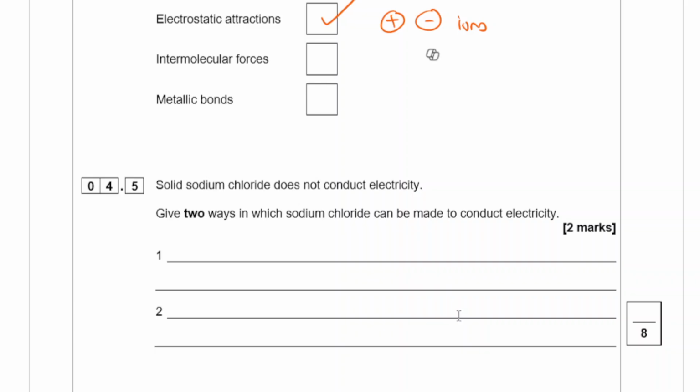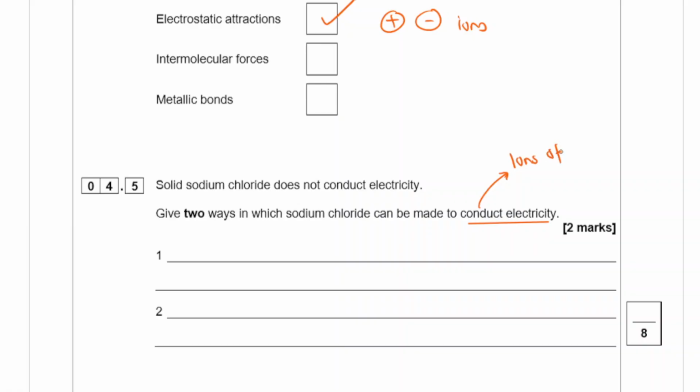Solid sodium chloride does not conduct electricity. Give 2 ways in which sodium chloride can be made to conduct electricity. Now, if you want it to conduct electricity, it needs to have, right, charged particles, which are ions, right?